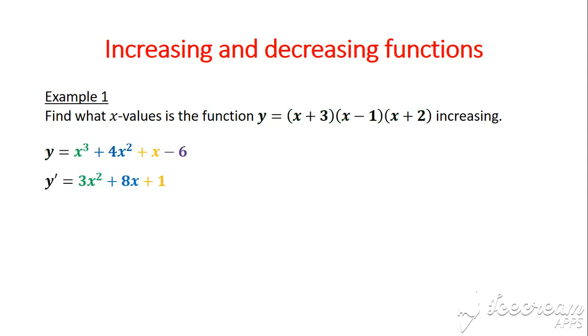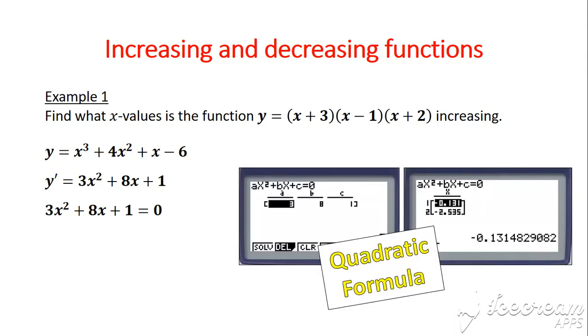Second thing we're going to do is differentiate it to get the gradient function, 3x squared plus 8x plus 1. We're going to put the gradient rule equal to 0 because turning points have a 0 gradient. And this is a quadratic equation, so we need to use the quadratic formula or our calculator to solve it.